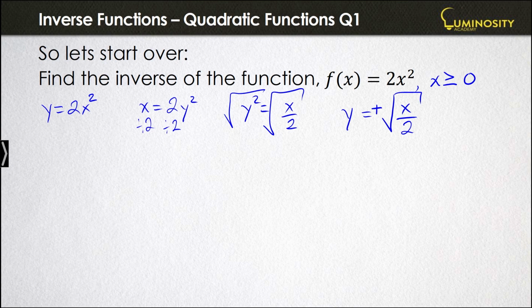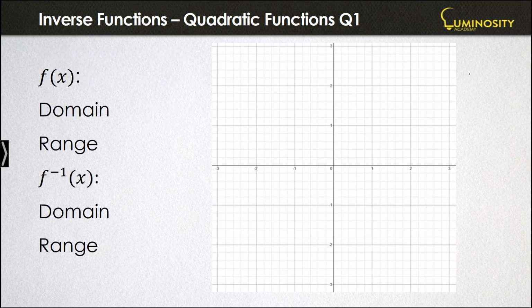So now we can graph this. So for our original function, we're only looking at it when x is greater than or equal to 0. So that means we're going to be here, and at 1 we go up to 2, and it goes like that.